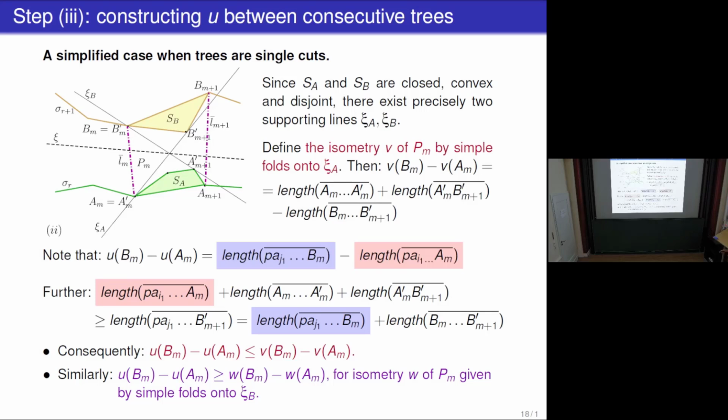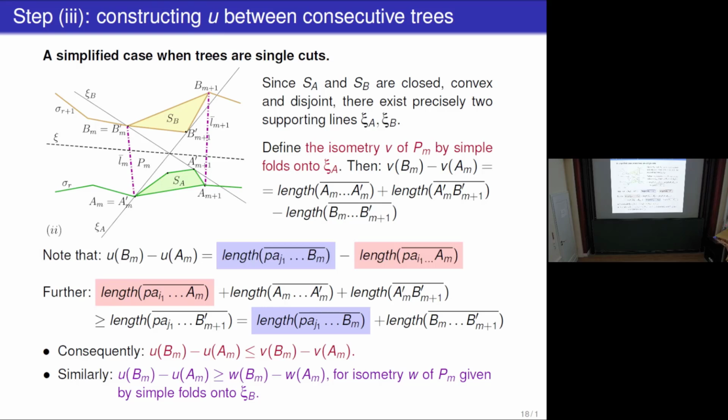This is the difference. Now let's see what is the distance between the images of this and this that I want to achieve. By my inductive procedure, I know what U is. U is the final isometry that I'm constructing here. Okay? So what is U of B minus U of A?